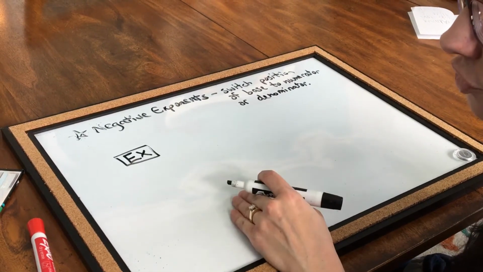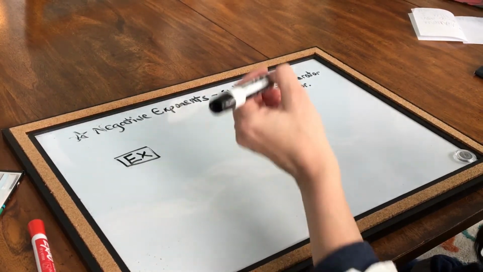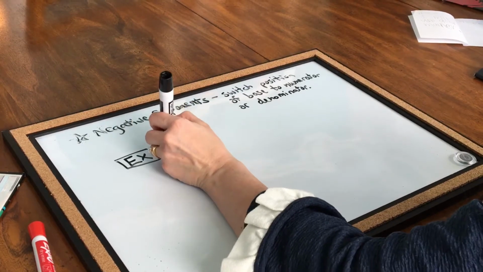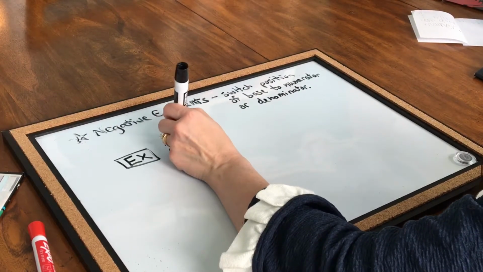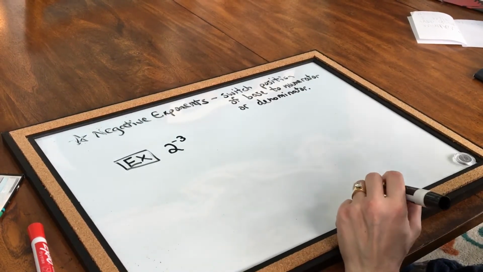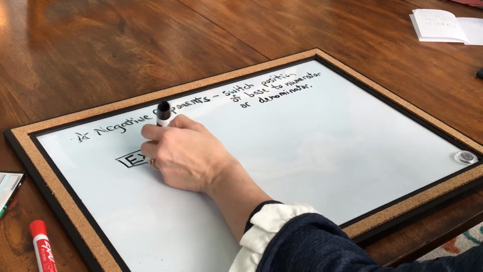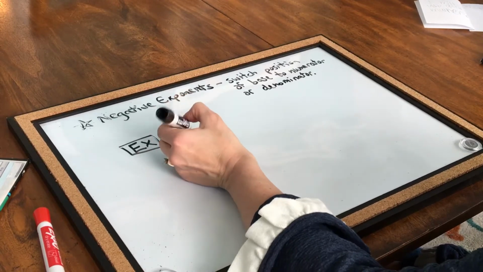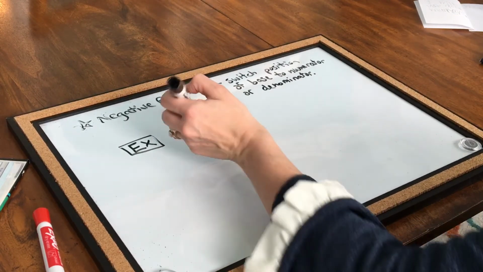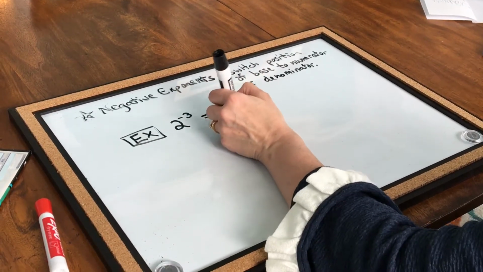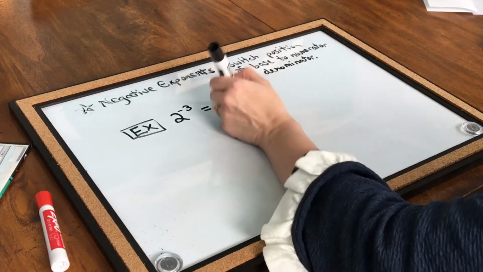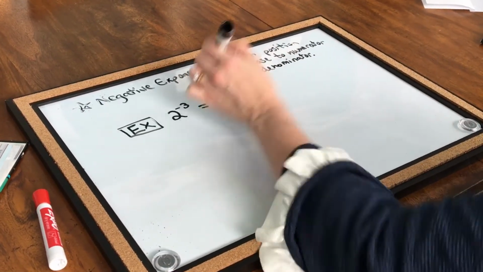First of all, let's try this one. If I had, for example, 2 to the negative 3 power, what that means is I would need to put this base of 2 into the denominator of a fraction. So the definition is I move the base to the denominator of a fraction, and then my exponent becomes positive.